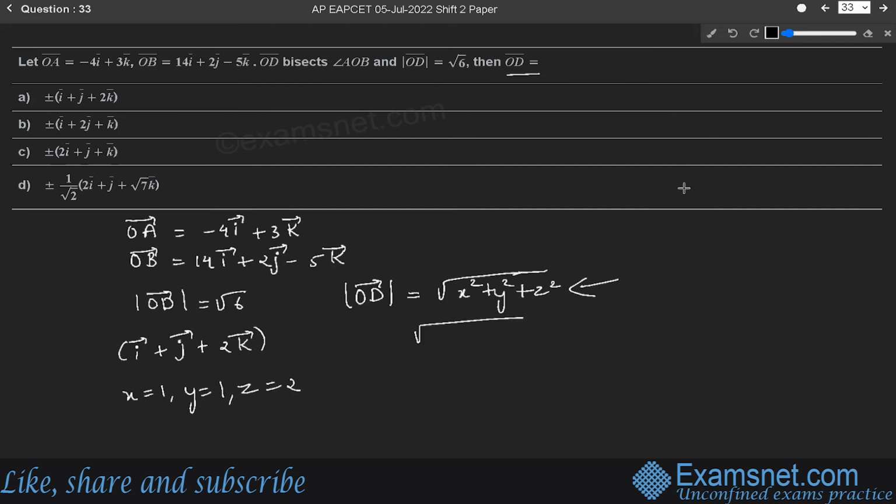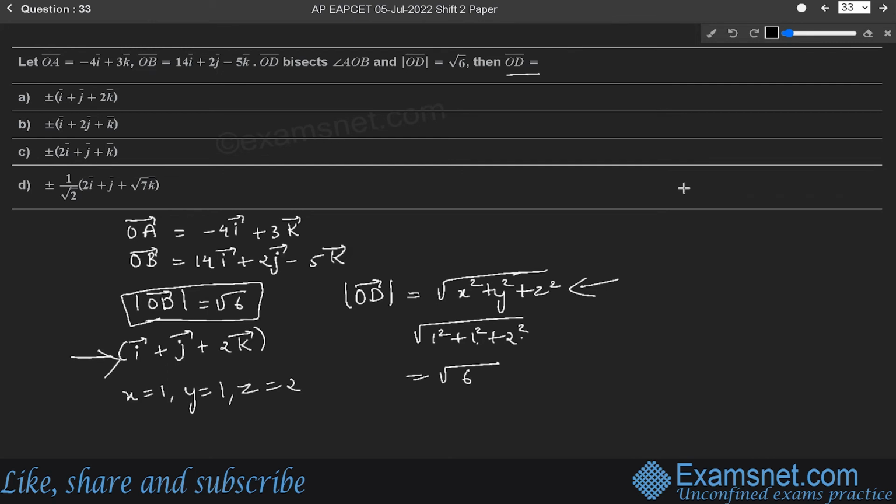On putting the values, we get 1 square plus 1 square plus 2 square, which is equal to under root of 1 plus 1 plus 4, which is equal to under root of 6. And we know that modulus of OD vector is under root of 6. It means that the first option is the correct option, which is I vector plus j vector plus 2k vector.